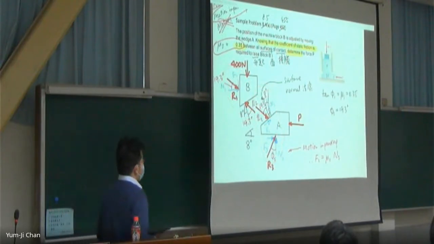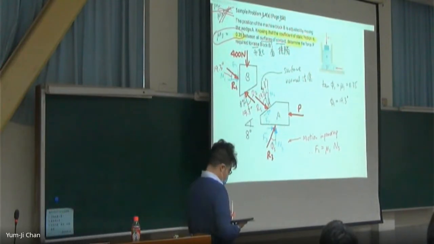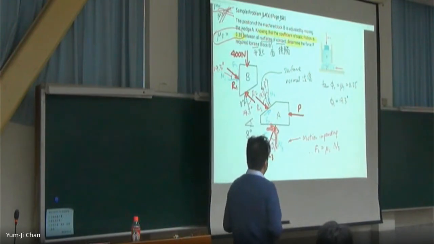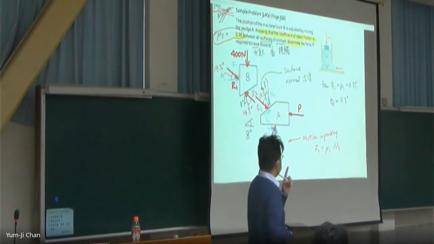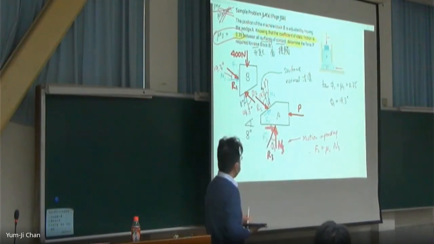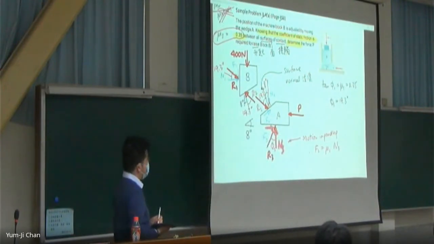Remember, in this case we don't know the reaction force, and we don't know the friction force either. But we know that motion is impending, so we know the ratio between F3 and N3.